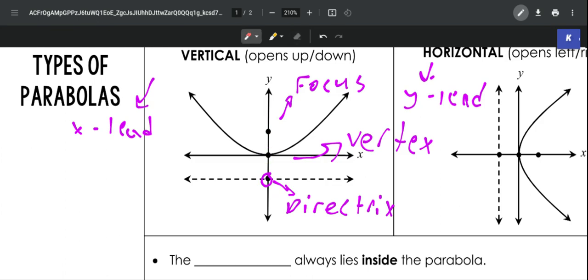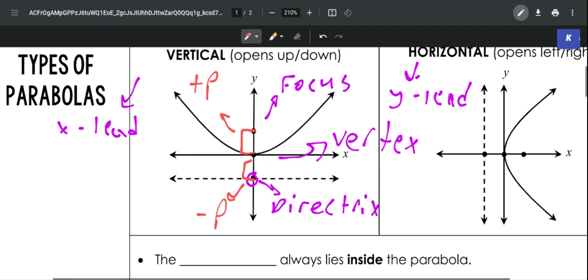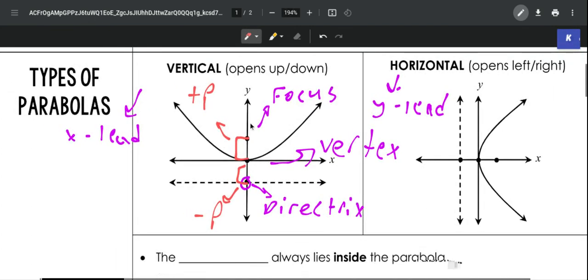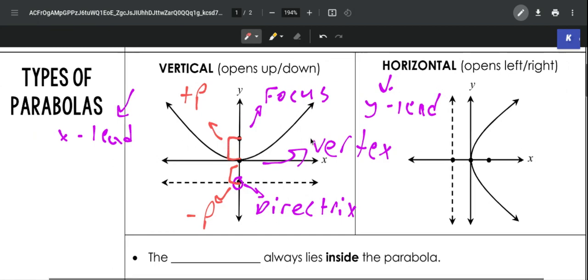If we know the distance between the focus and the vertex, that is also P. And then from the directrix to the vertex, that's like plus P, and the point from the directrix to the focus is minus P. That's kind of a formal way to write everything, but we'll look at it in depth and you'll be able to tell the difference between the two because of how we're moving on the X or Y axis. But we'll get into all that.